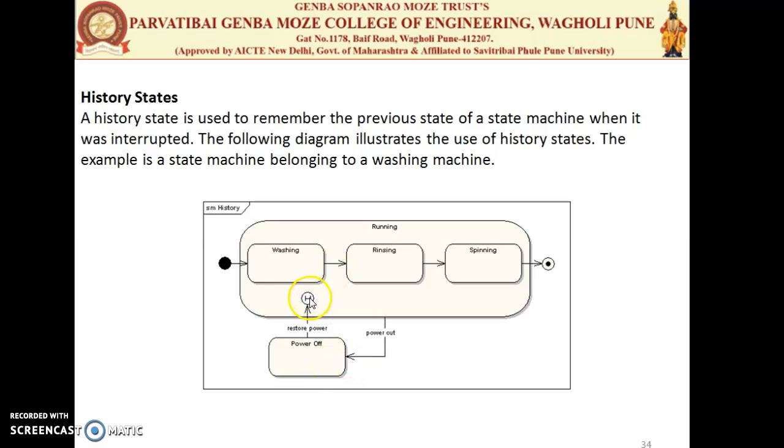You will start from the state on which the power was off or some operation was left. So by using the history state, you can just continue from wherever you have left. That is called a history state, denoted by the H with the circle.